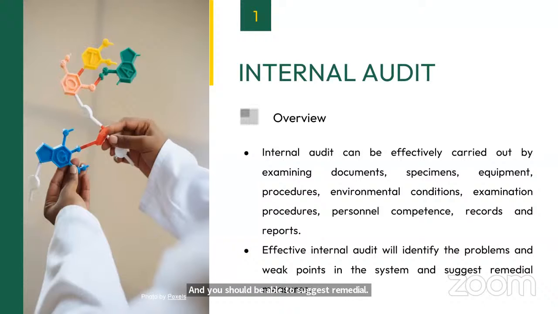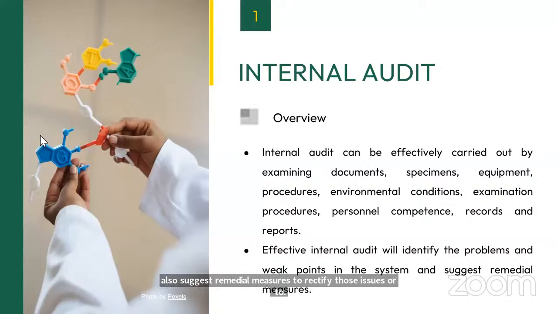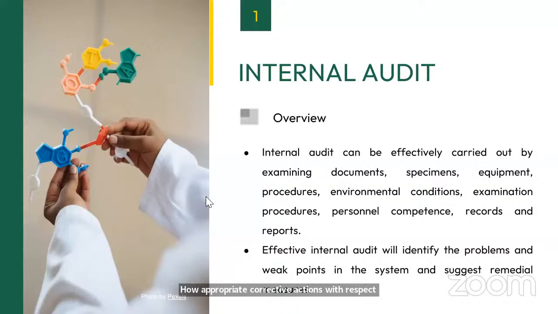Many times when we face audits or assessments, the auditors or assessors may raise certain gaps or non-compliances, but they should be able to suggest remedial measures also. It is a part of an internal audit that not only finding the gaps or identifying the problems, but they should also suggest remedial measures to rectify those issues or to have appropriate corrective actions with respect to the audit findings.